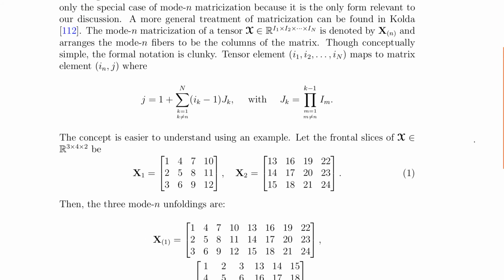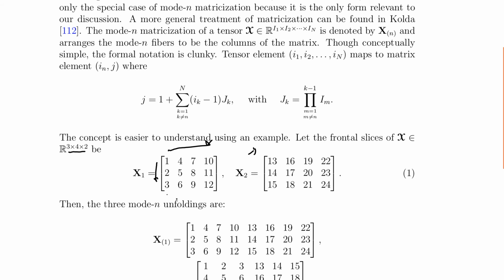Let's say I have the frontal slices, and the dimension is 3 by 4 by 2 here. The first way has 3 indices, the second way has 4 indices, and then I have 2 frontal slices, the first slice and the second slice.